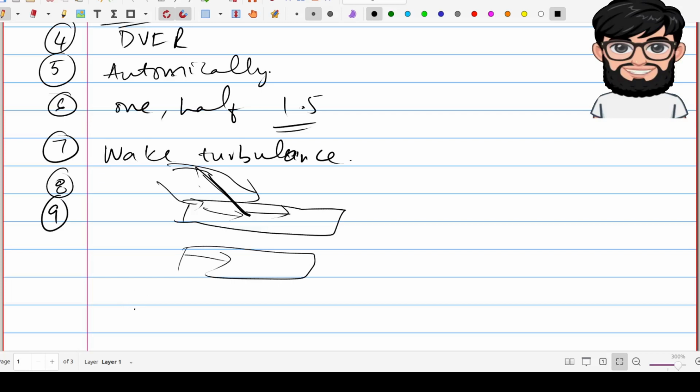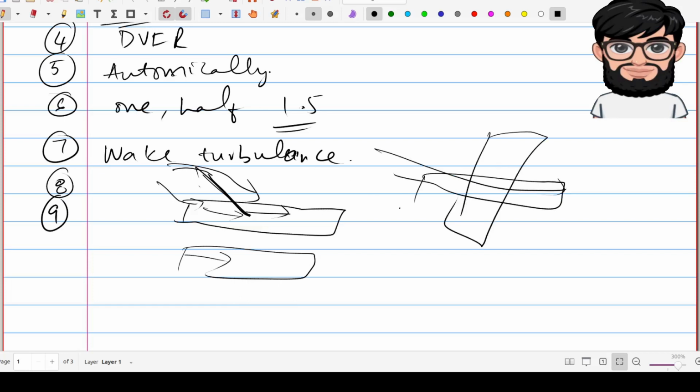Okay, and landing behind a larger aircraft crossing runway. So maybe it landed here and there is another runway here. Note the larger aircraft's rotation point and land well prior to the rotation point.